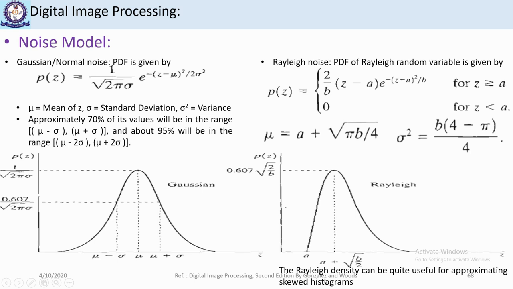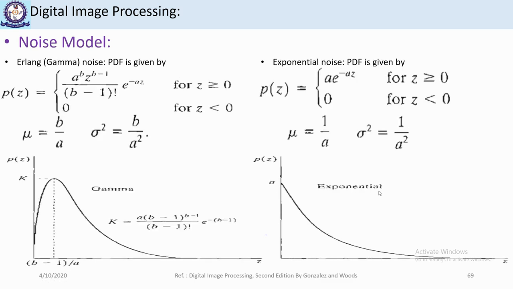Then this Rayleigh noise is used to approximate the skewed histograms of the image. You see this Rayleigh noise is a little bit skewed toward the right-hand side. So if we want to approximate the skewed histograms of the image, then we can use Rayleigh noise to approximate those histograms.